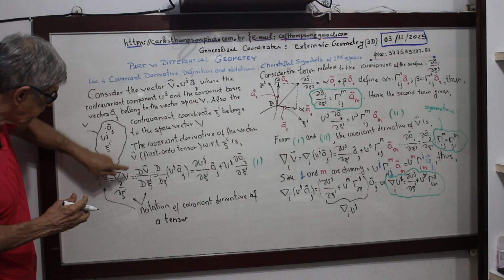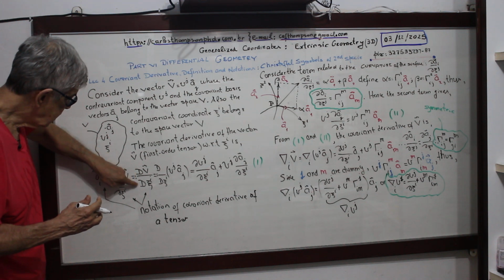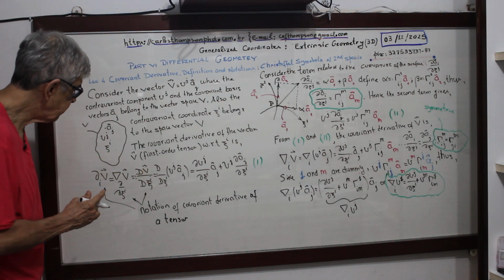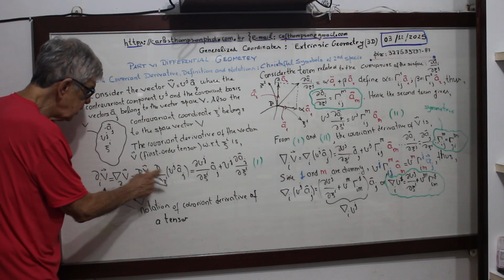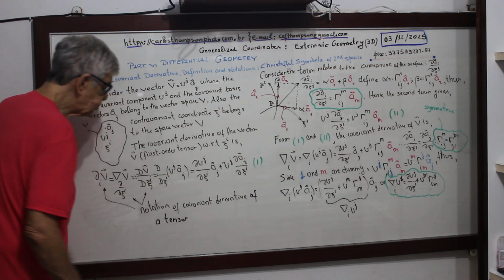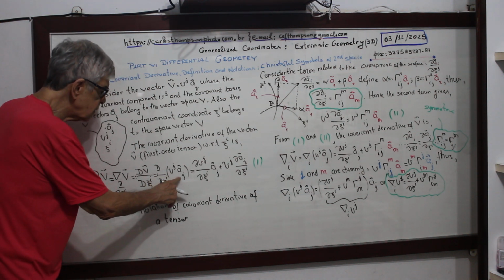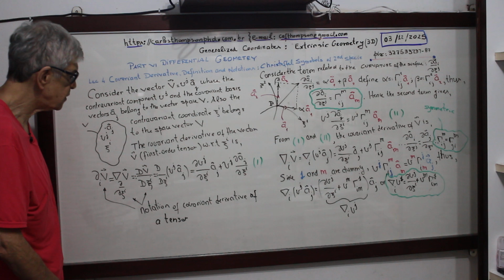That also is represented by capital D, dV of the Xi. Now I substitute V here by the contravariant component and the covariant basis vector.